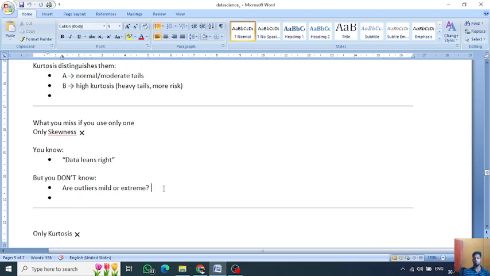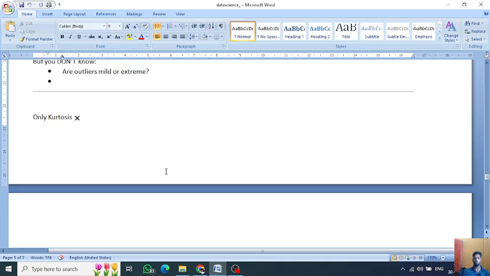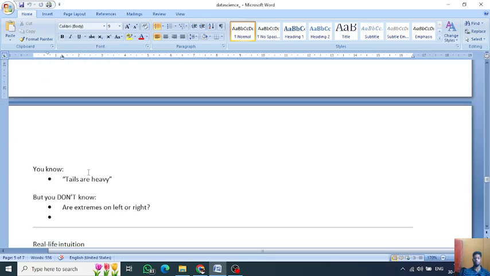We know an outlier is there, but how much, we'll miss if we don't use kurtosis. With only kurtosis, we'll know that the tails are heavy, but not whether they are on the left or right.